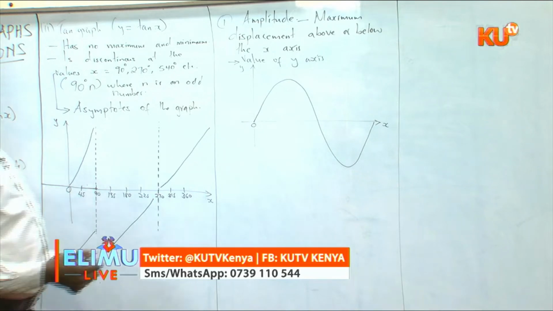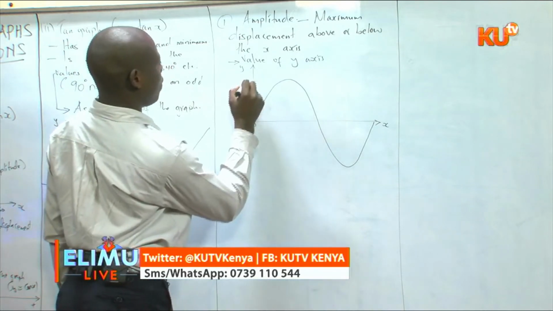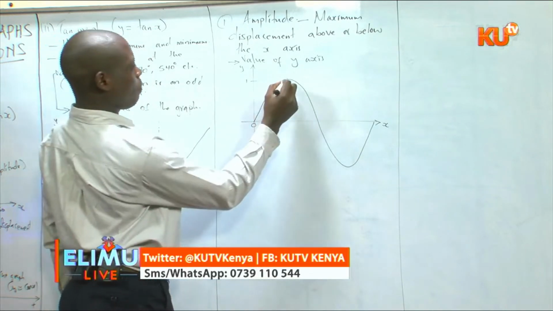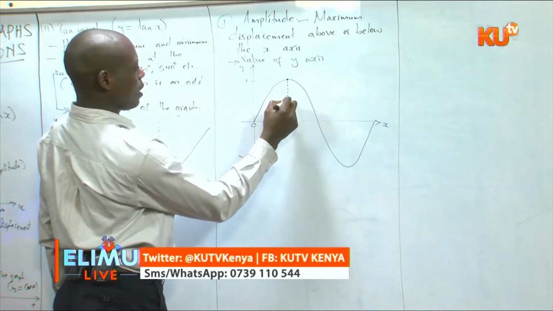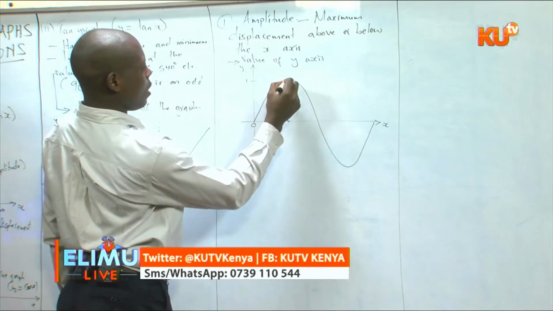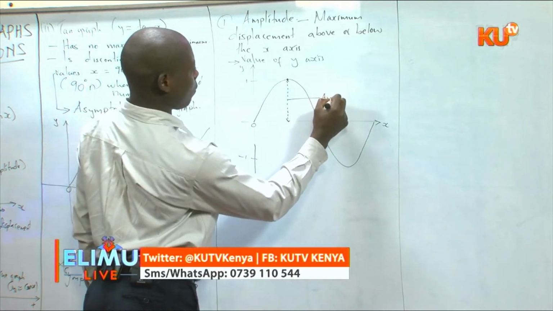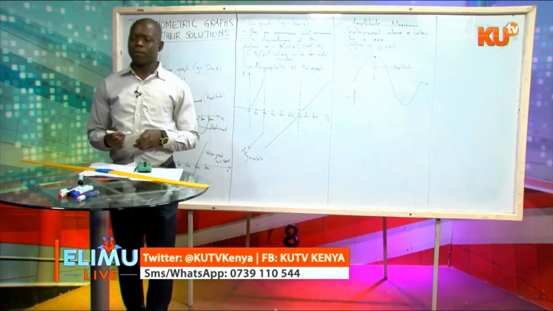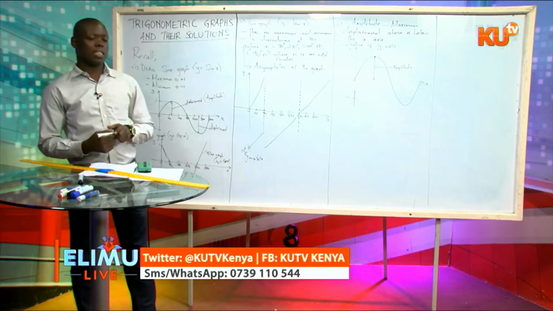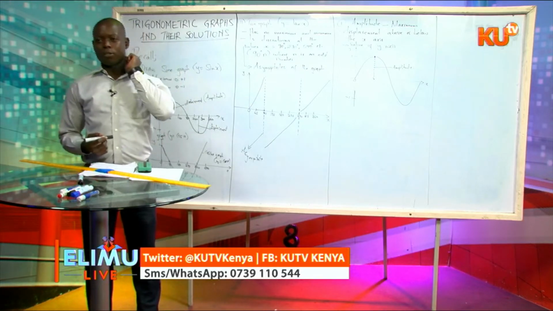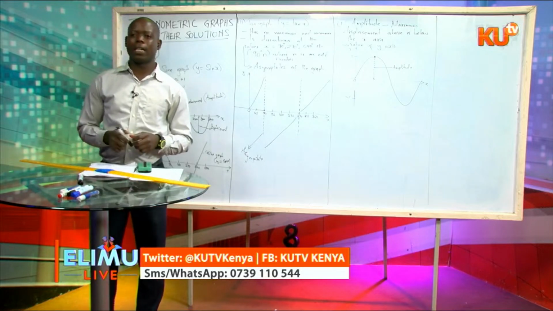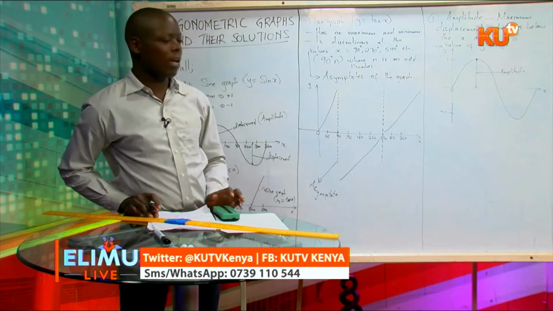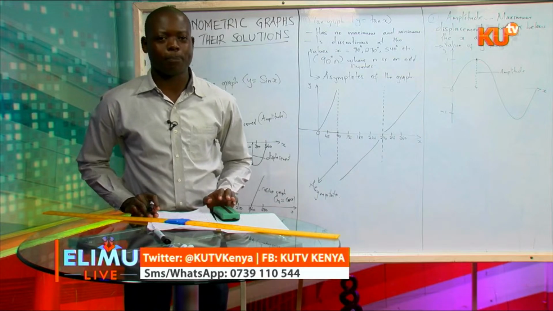This graph has a value above the x-axis, which is 1, and below the x-axis, which is -1. So this is what you are referring to as the displacement or the amplitude. We give the value that is positive. If your graph is below the x-axis, it will give you a negative value, but we don't take the negative value, we take the absolute value of the value on the y-axis. So that becomes the amplitude.